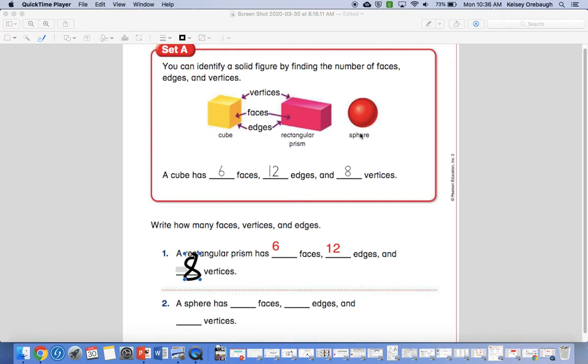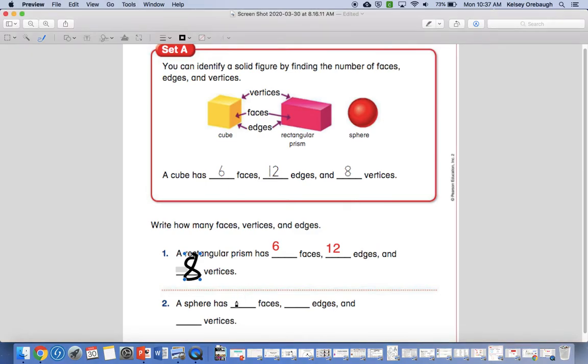Now let's look at the sphere. A sphere is like the shape of a ball, a round ball. Think of a bouncy ball or a basketball. So how many faces, flat surfaces, do you see on a sphere? There are 0 flat surfaces on a sphere. Nothing flat about it. It's totally round. What about edges?